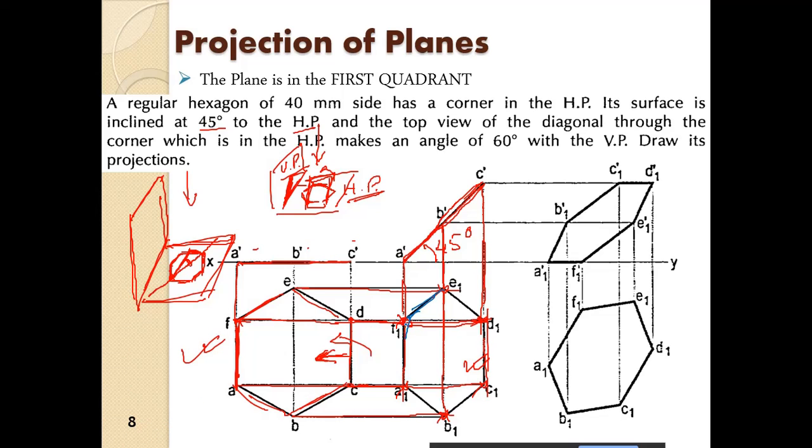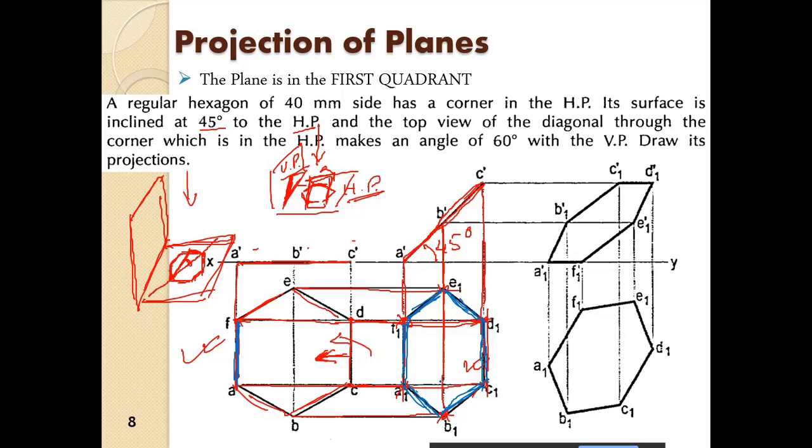This is the hexagon which is inclined. One edge is on the HP, and the plane of the hexagon is making an angle of 45 degrees to the horizontal plane. So if you see from the top, this is what you will see.